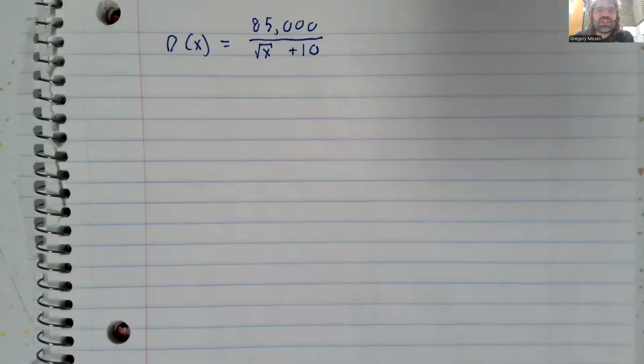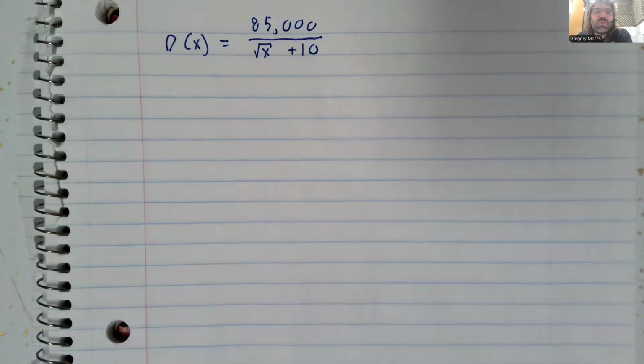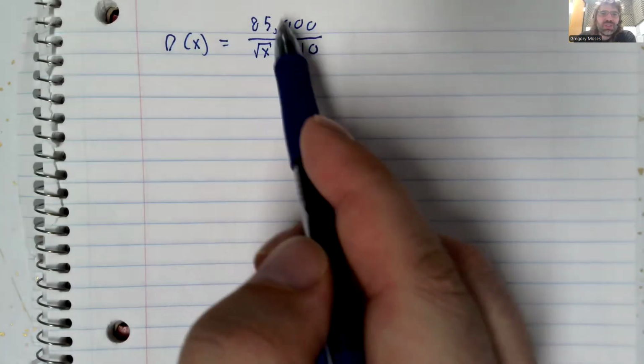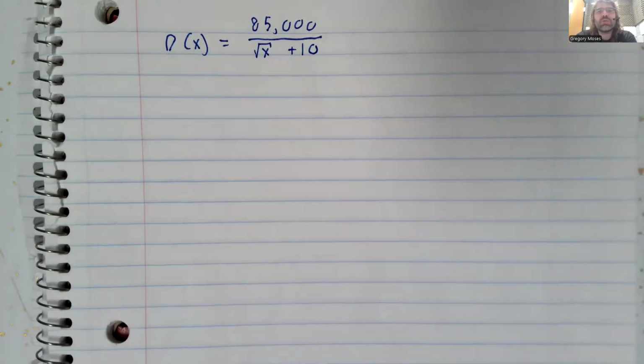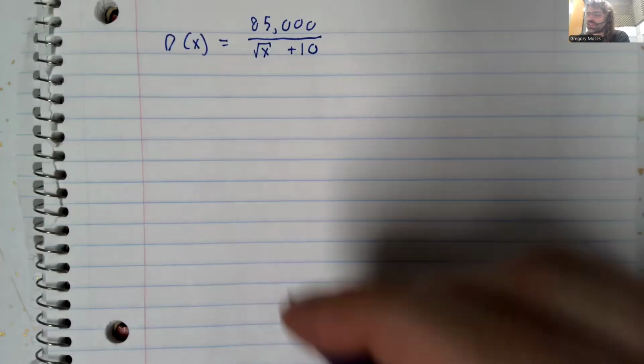But I said this would be an application of the quotient rule, and that's because the specific demand function that I'm going to give will be a quotient. Let's say the demand is 85,000 divided by the square root of x plus 10.